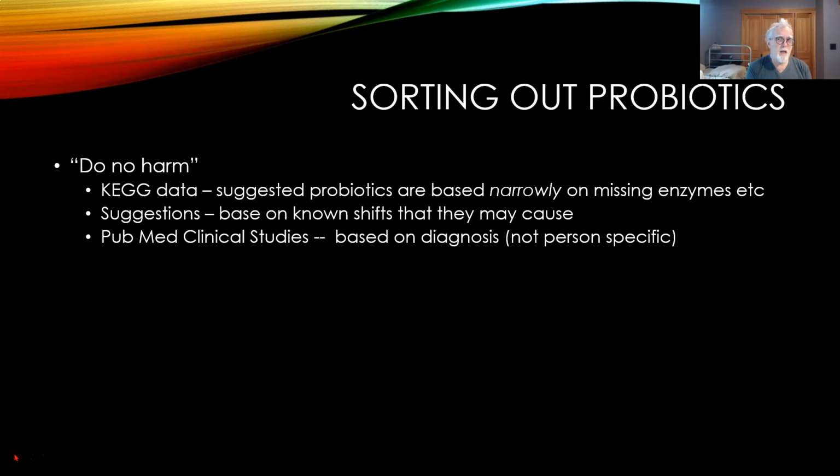And the may is based on averages of a group of people, which means the certainty keeps going down. The PubMed clinical studies I deem to be less ideal because they are often based on a diagnosis. Some cases it's good, other cases it's going to be bad. For example, chronic fatigue syndrome or IBS.